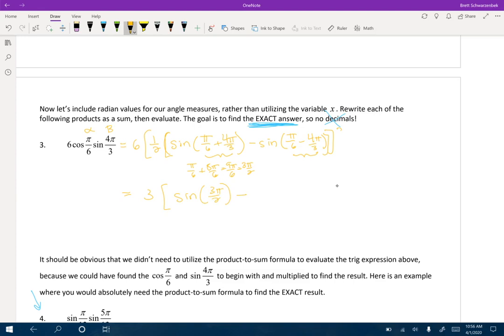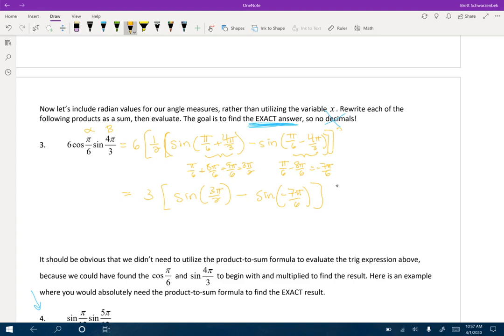Okay, next, this time, pi over 6 minus 8 pi over 6, which is going to give us negative 7 pi over 6, which this time does not reduce. That's okay. We'll just put it into our expression, as so. So if we look at this problem, we actually have two trig values that are very easily evaluated.